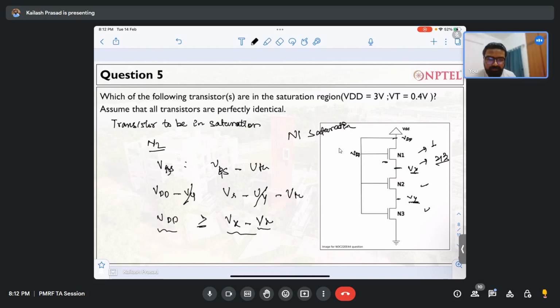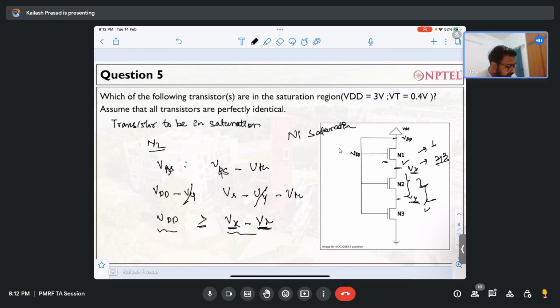But there is a catch. So this Vx, and if you see the VTH, you actually don't know the value of Vx and Vy over here. We are just deriving the equation, but here we don't know what value the Vx and Vy will actually take. So you have to take care.